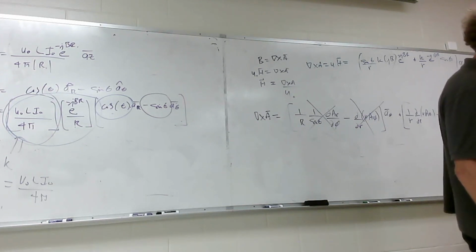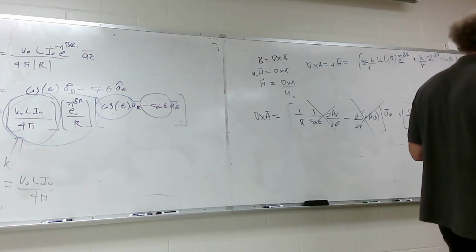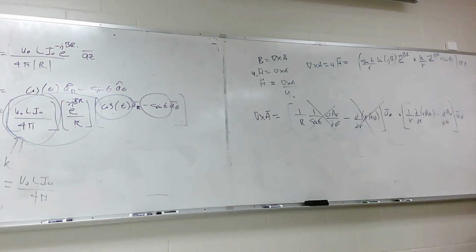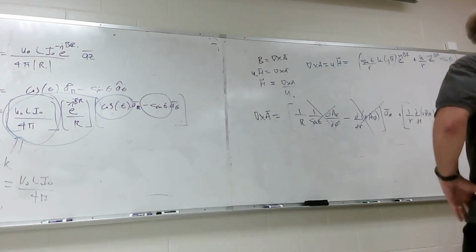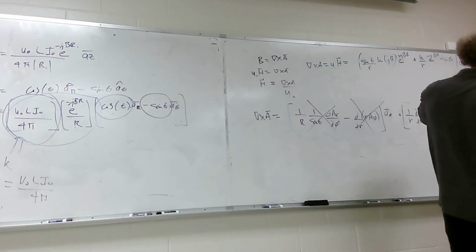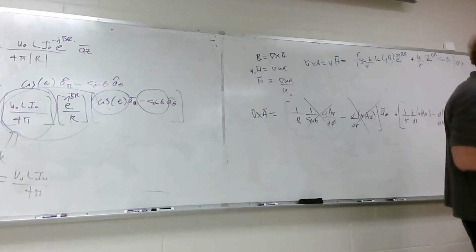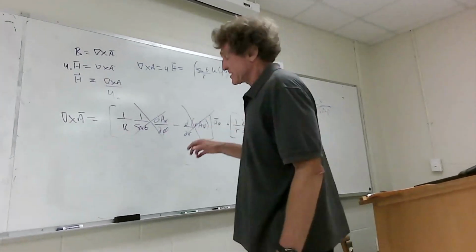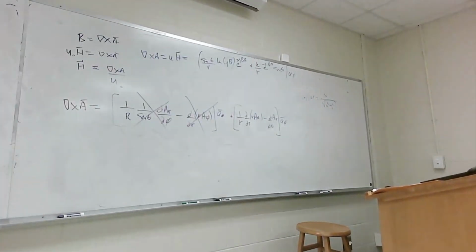Normally there's 1 over r squared here, that would be the near field term. Then there's going to be the far field term. I'm not sure if I wrote that derivative or the curl down wrong. I may have copied that down wrong, or it may be wrong in his book. But I know there's going to be a 1 over r squared term that's the near field term. I'm going to stop there. Maybe I'll ask you guys to do this for some credit. It's not a hard problem. It's done on the internet all over.